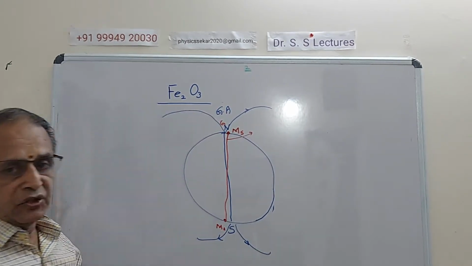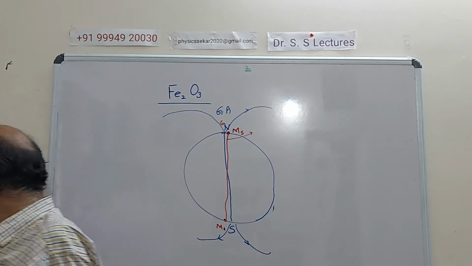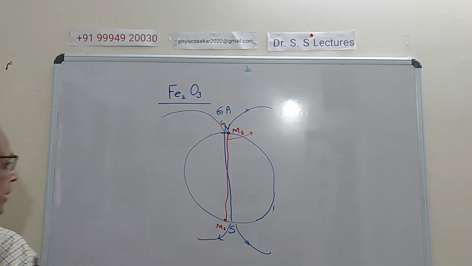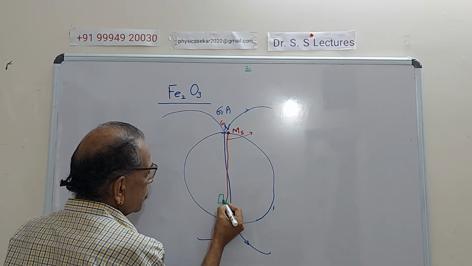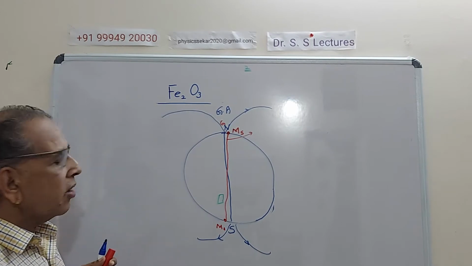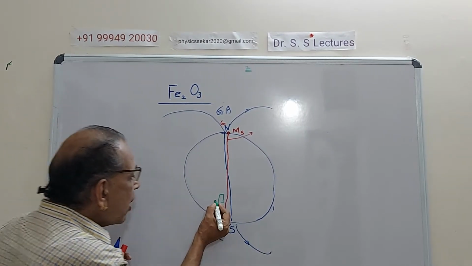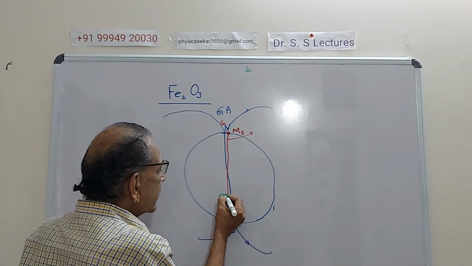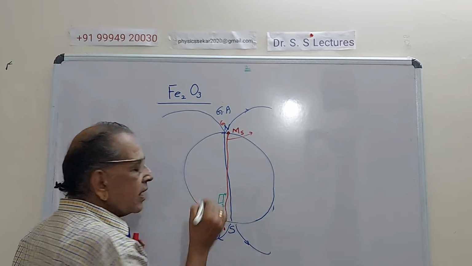So what happens exactly is, when you suspend a small bar magnet, we find that this magnet also has a north pole and a south pole.